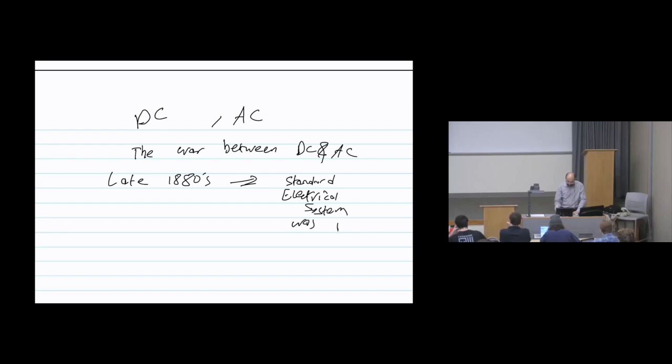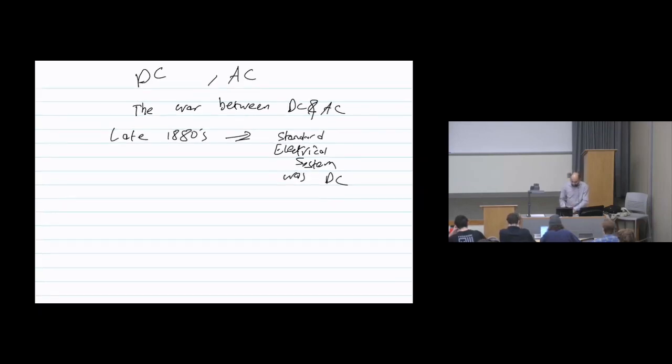DC was led by Thomas Edison. Thomas Edison was inventing the DC, and he said, this is what's supposed to be, and that's what we need to have in our electrical system, and that was our standard.